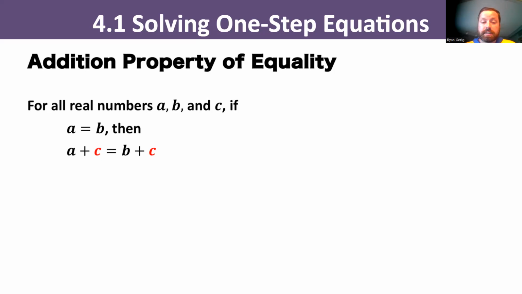I'm going to use a really easy example. 7 equals 3 plus 4. We know that's true. A is 7, B is the expression 3 plus 4. If I add 2 to the left side, I have to add 2 to the right side, and the 2 sides remain equal. 7 plus 2 is 9. 3 plus 4 plus 2 is also 9.